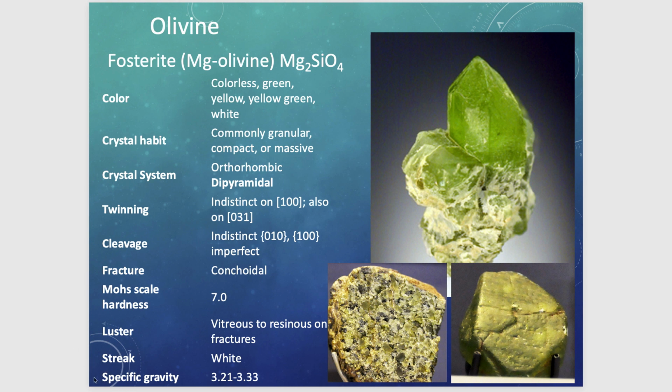And since this mineral is a ferro-magnesium mineral and it forms at depth, it has a tight structure with a high density of 3.21 to 3.33, which is slightly higher than feldspar and quartz. So it is easy to differentiate by measuring specific gravity.